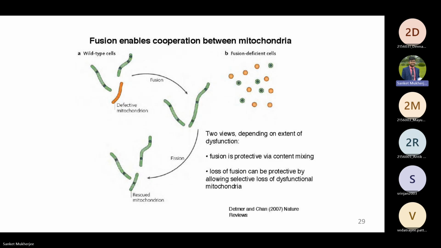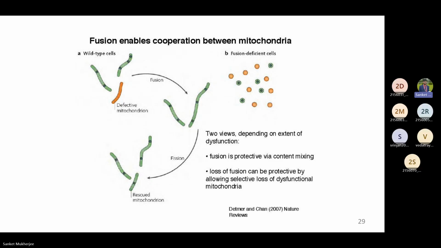So why do fusion and fission happen? There are two views on this. Whenever two mitochondria are fused together, let's say there is a defective mitochondrion and a normal one. Due to the fusion, there will be content mixing, and the defective part will be diluted. That's the idea: fusion is one of the protective mechanisms.